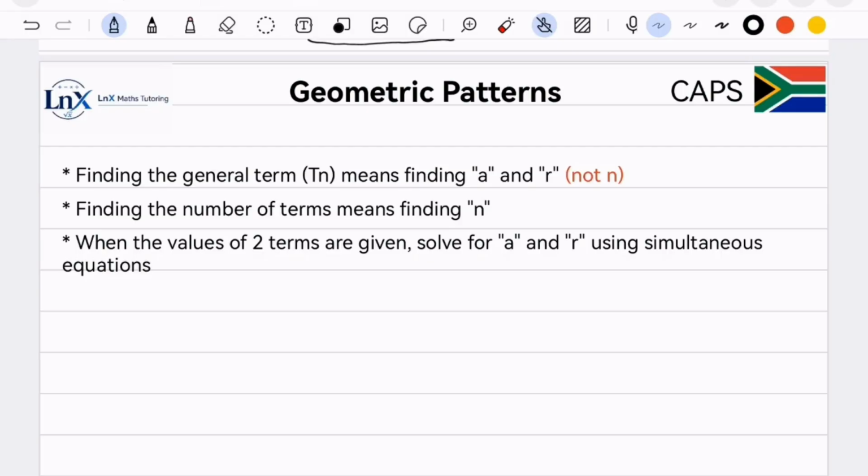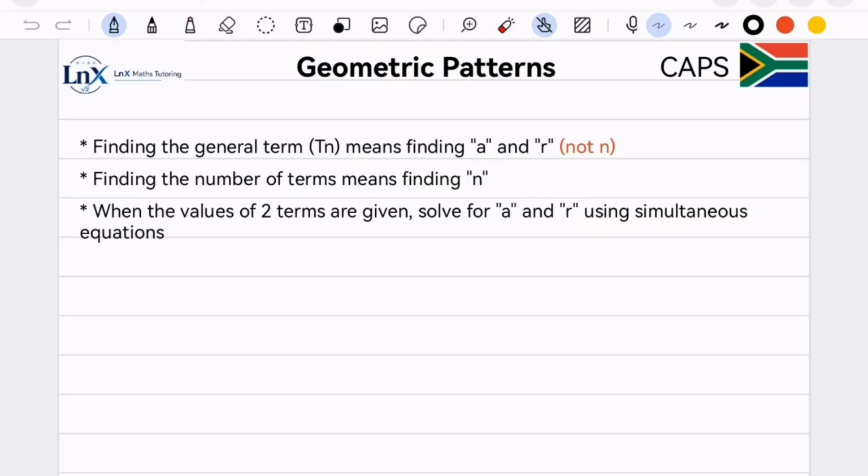And when the values of two terms are given, solve for A and R using simultaneous equations. So this is just a toolbox for solving geometric patterns.